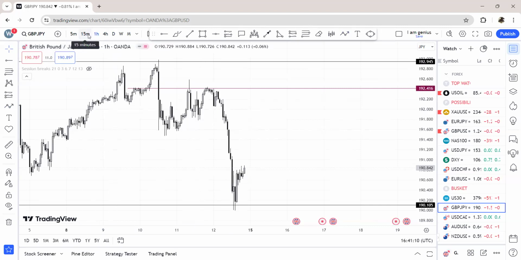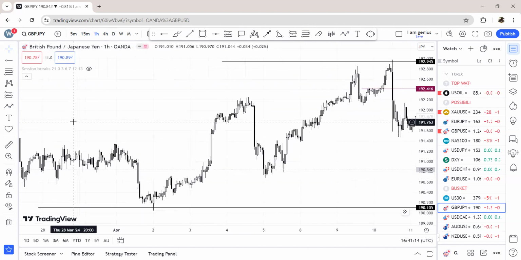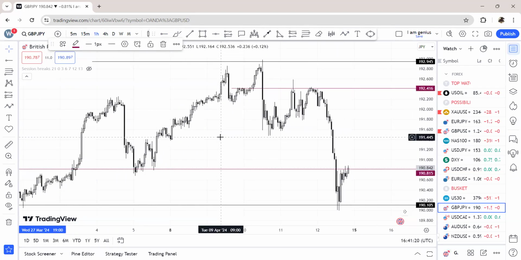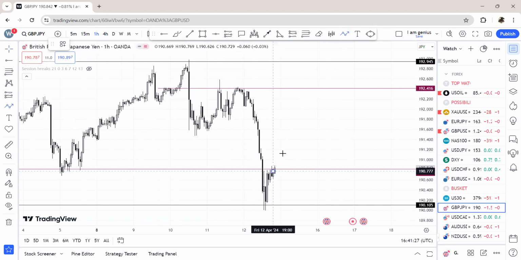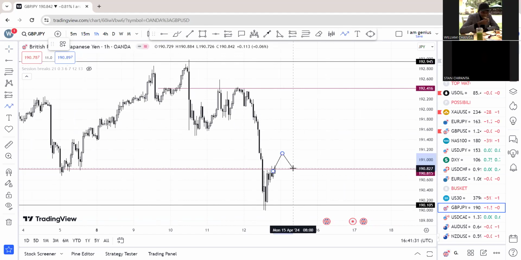Then I can move. Let me see, there's something I'm seeing. Okay, this was another key level. This is another key level. So if the market breaks this level, we're expecting it at least to push all the way to that level there.